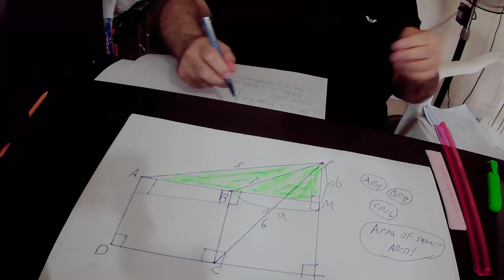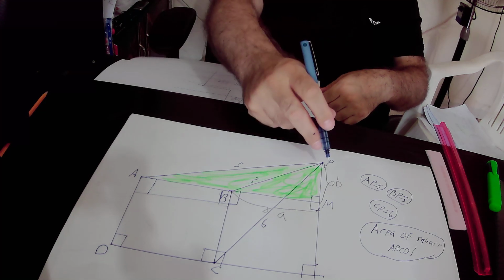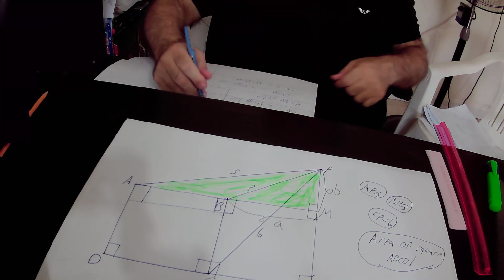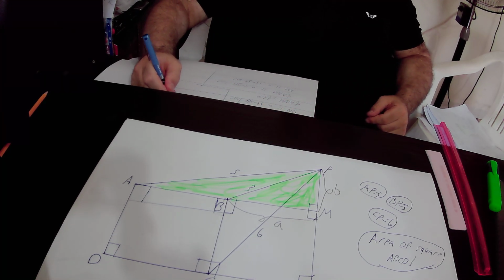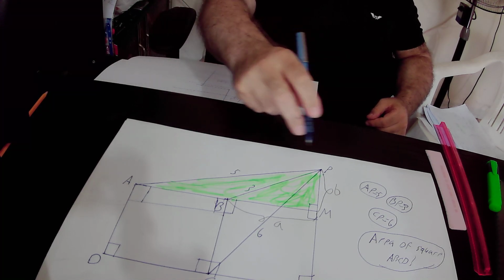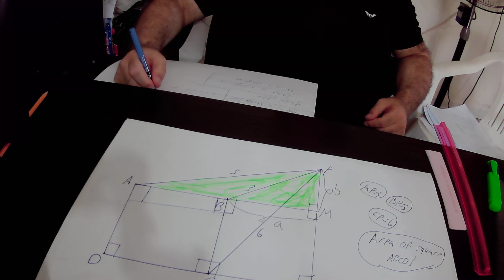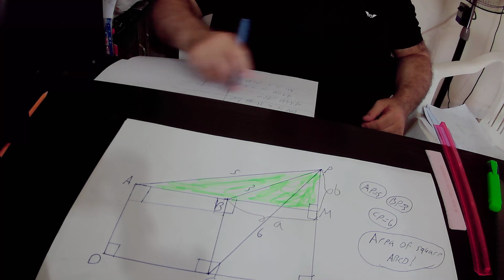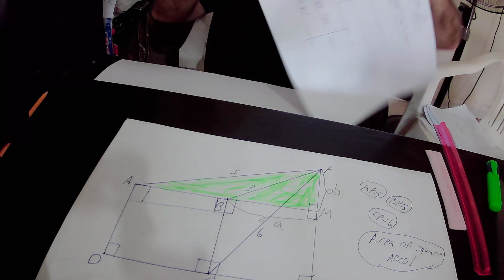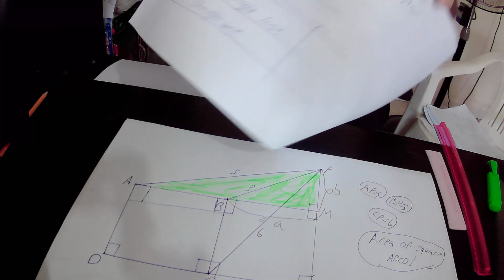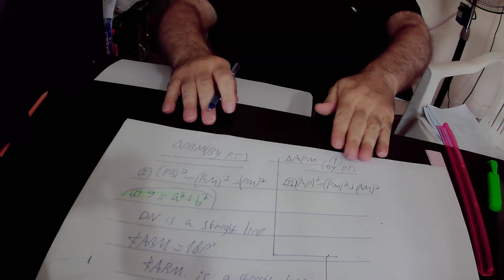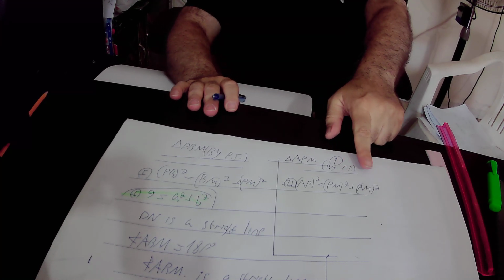That is to say, it must be equal to PM squared plus AM squared. Repeat again, in the right green triangle, triangle APM, according to the Pythagoras theorem, AP squared equals PM squared plus AM squared.